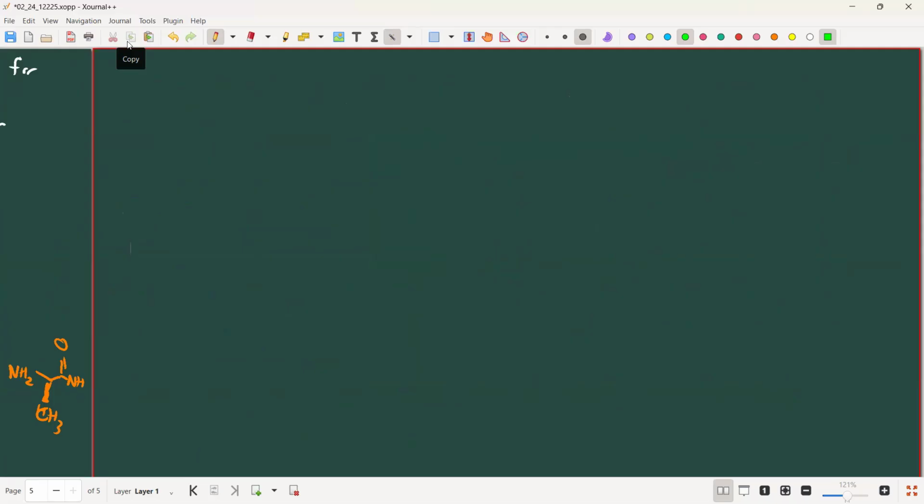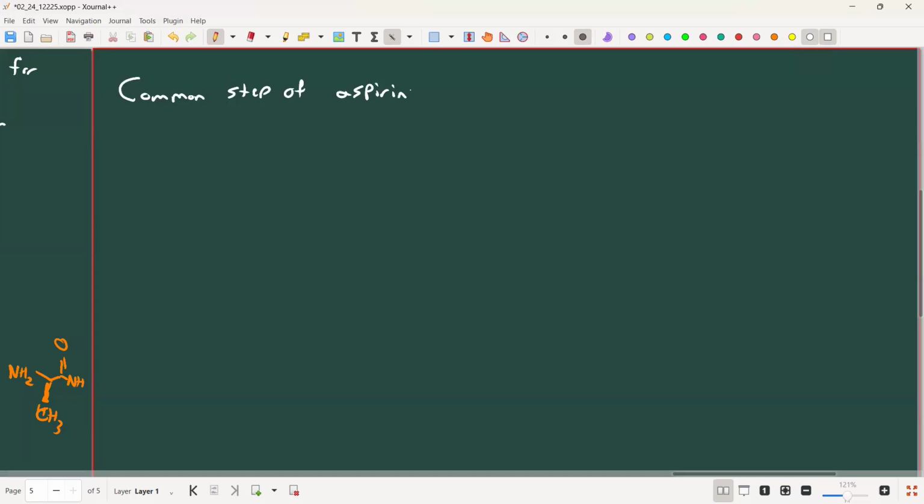Let me show you an example of something to drive this point home. Here is a common step of aspirin metabolism. You take a little bit of aspirin.